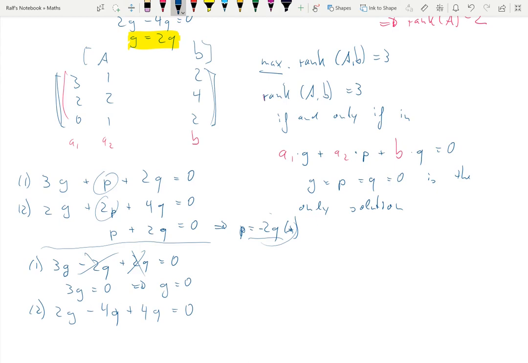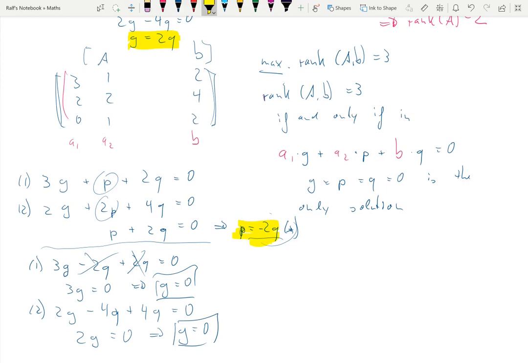So what we get from here is again 2G is equal to 0, and therefore G is equal to 0. So we already knew that from here. Just want to confirm that G has to be equal to 0. So the only other relationship we still have here is P equals negative 2Q.